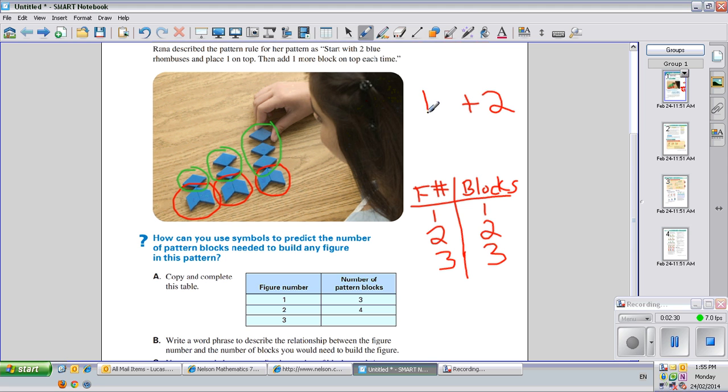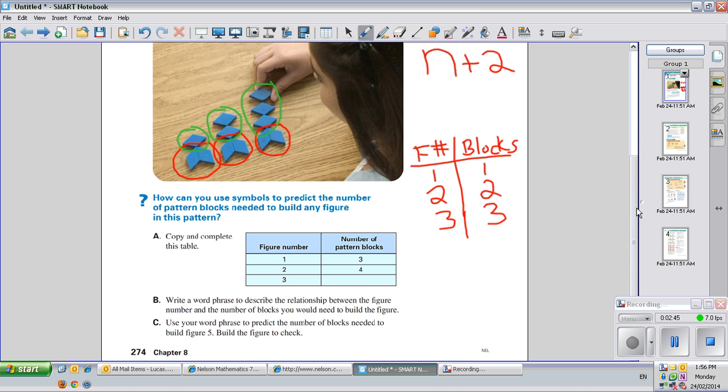So therefore n, which would be our variable, our changing number, plus 2 would give us the total number of blocks. So now if we were to look at the total number of blocks, in figure 1, we have 3 total blocks. And if we plug it into our formula, if n equals 1, 1 plus 2 equals 3.